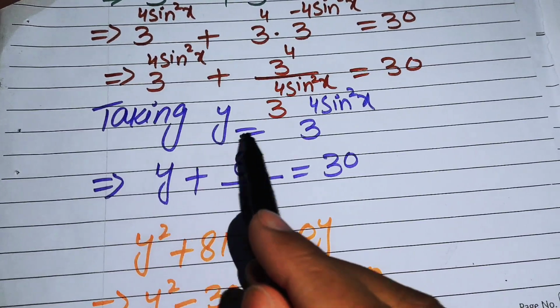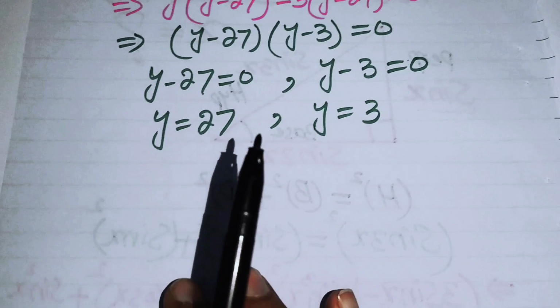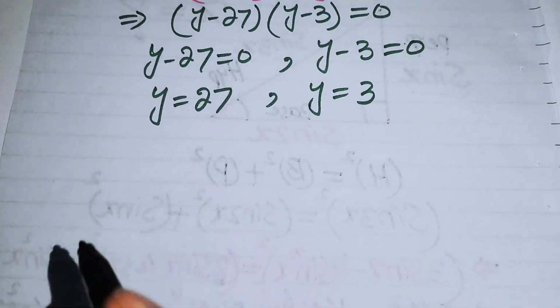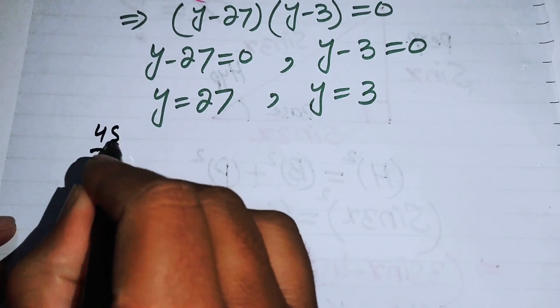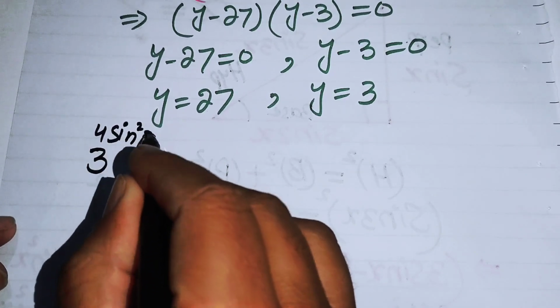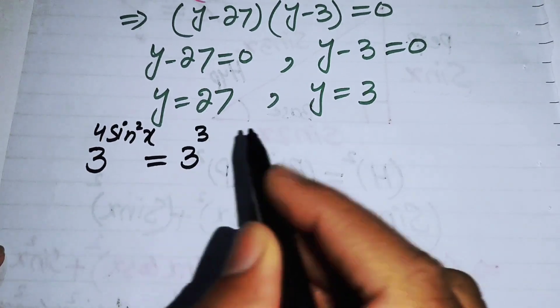Now in the next step we will back substitute the value of y, where y equals 3 to the power of 4 sine squared x. So we put the value of y here, and you obtain 3 to the power of 4 sine squared x equals 27, and we write it as 3 to the power of 3.